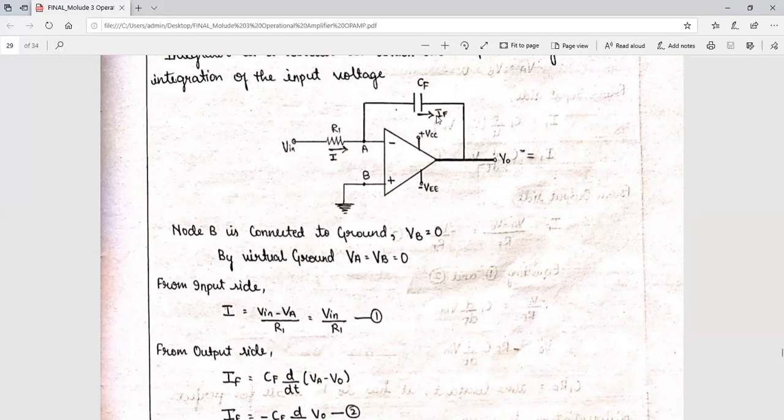But for the IF current, the current which is flowing through the capacitance, you have to remember IF will be equivalent to the value of the capacitance, that is CF d by dt of (VA minus V0). Here I'll just repeat it. Be very careful when you're writing the current across the capacitance.